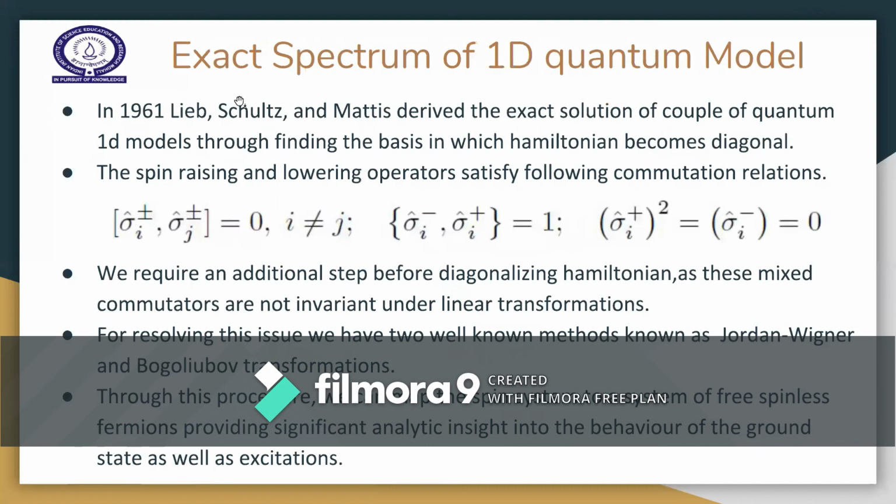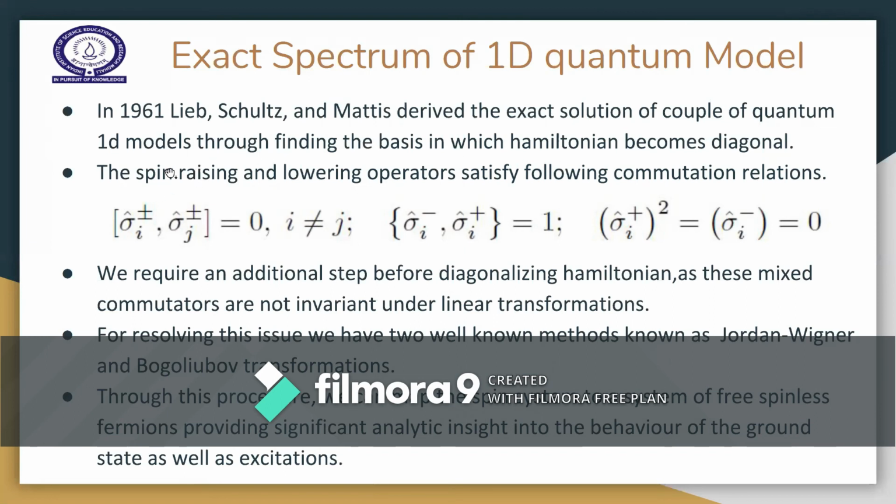Now, if we talk about the exact spectrum of the 1D quantum model, in 1961, Lieb, Schultz, and Mattis derived the exact solution of a couple of quantum 1D models by finding the basis in which the Hamiltonian becomes diagonal. This is a very important thing: we have to find a basis in which the Hamiltonian is diagonal, then it becomes easy to solve the problem.